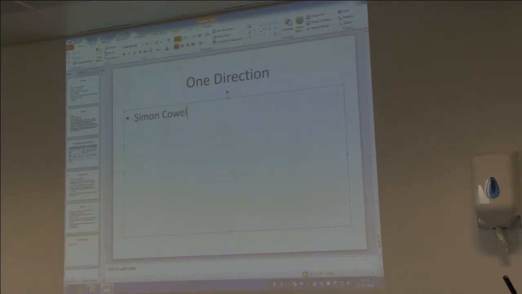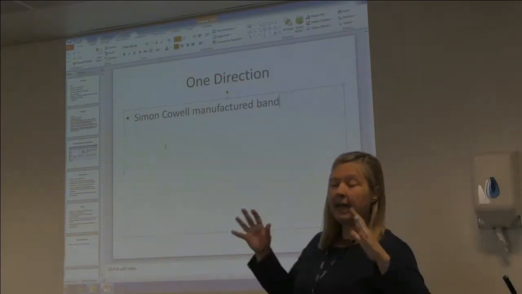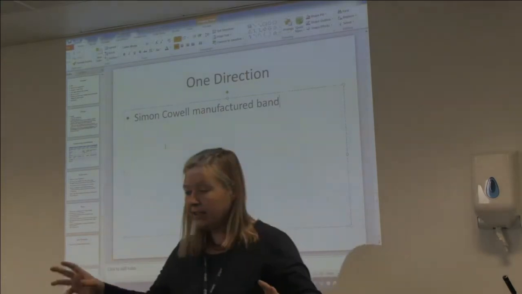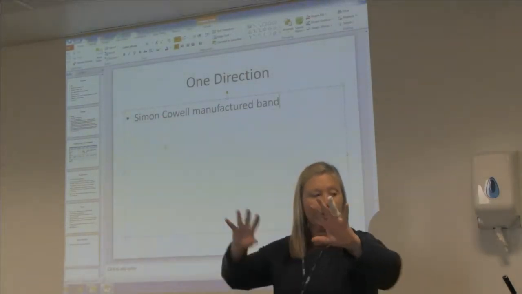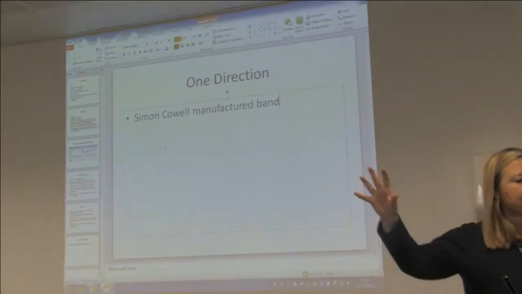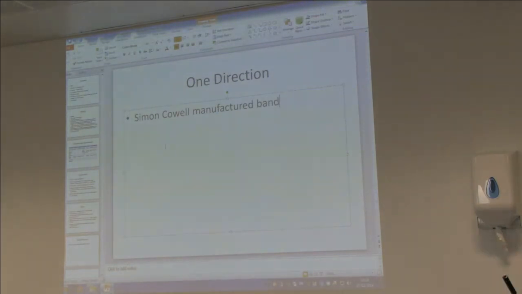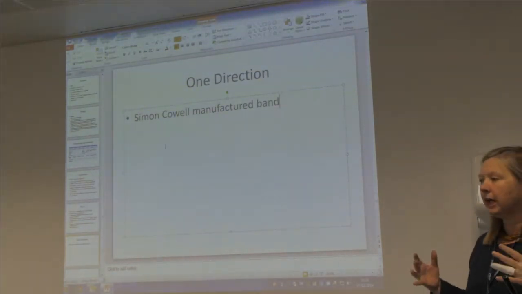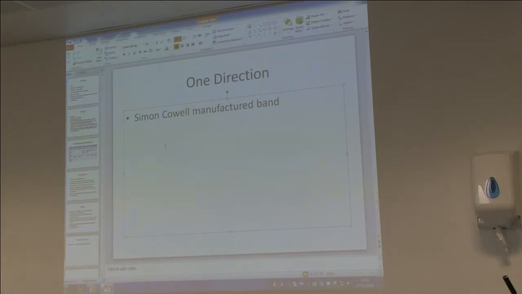Simon Cowell manufactured, absolutely, a band. So here's somebody that, like a designer, plucked these different elements from different places, different towns in the UK, and put them together in this band.